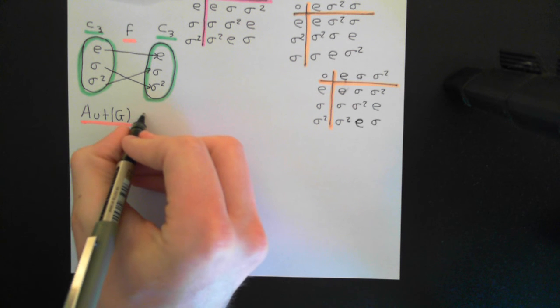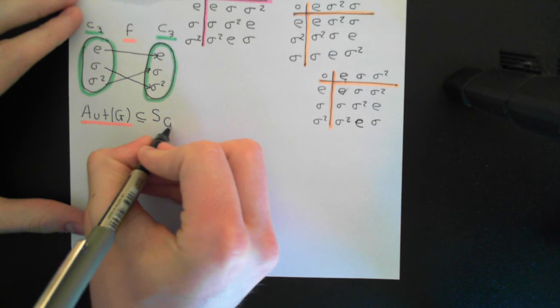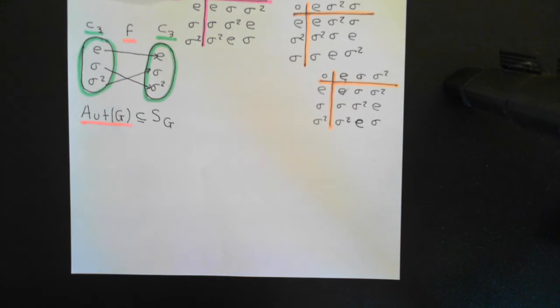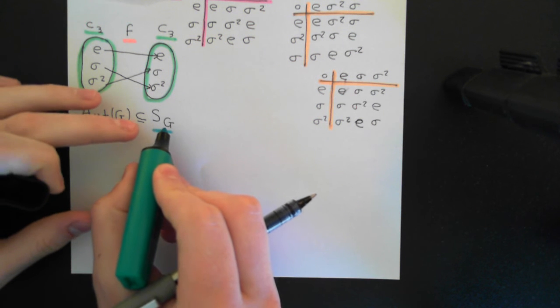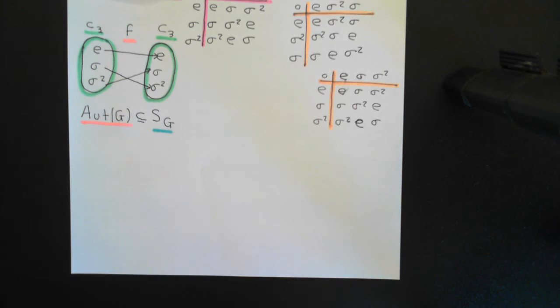Now quite clearly it is a subgroup of the symmetric group on the set that underlies the group capital G. So S_G, remember, is the symmetric group on the set that underlies G. This means the set of all set permutations of the group capital G, with the composition law of those set permutations as its composition law.